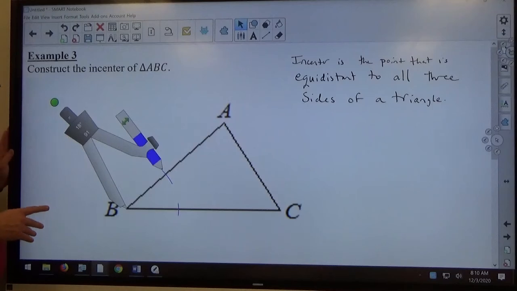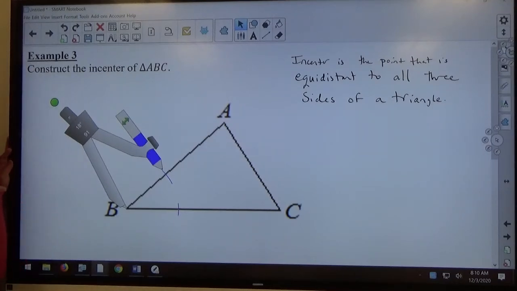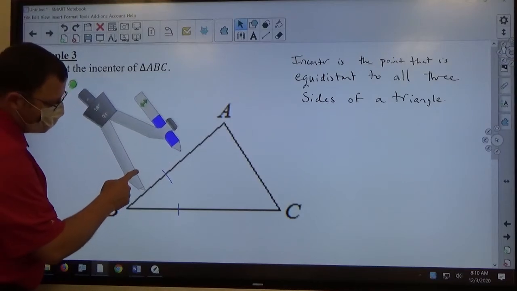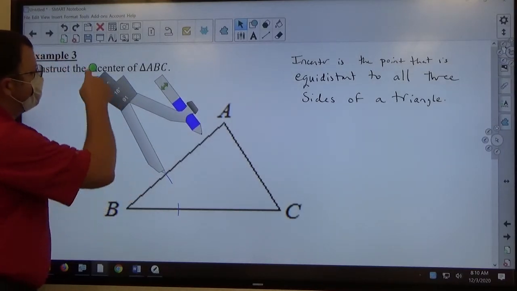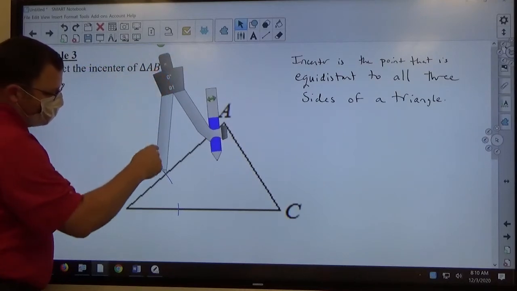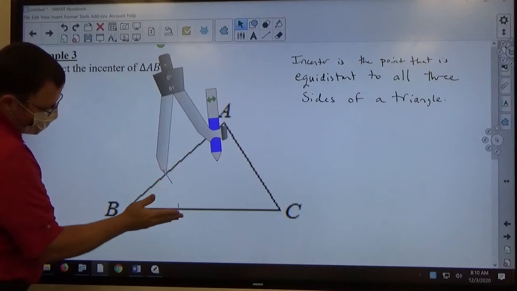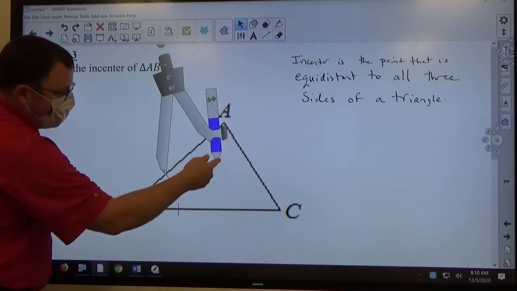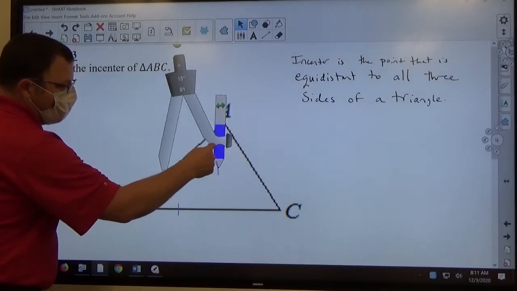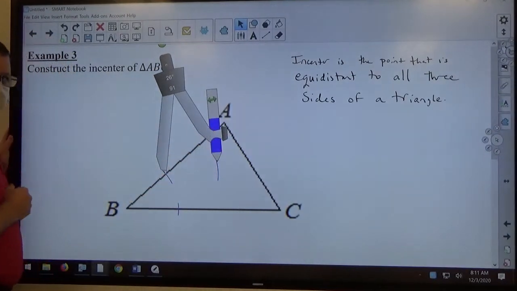Once you've done that, then you pick your compass up. You can use the same radius or a different radius, but you want to bring your compass to the point of intersection of the arc and the side, and you're going to want to make an arc kind of in the middle of the angle here. So basically we're expecting this angle bisector to come this way, so position your arc so you think it'll be within the angle bisector's position.